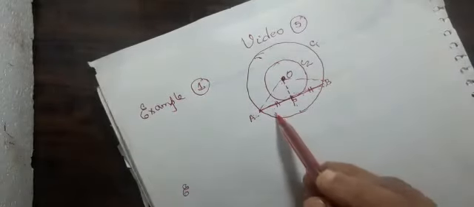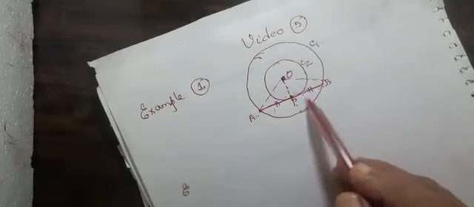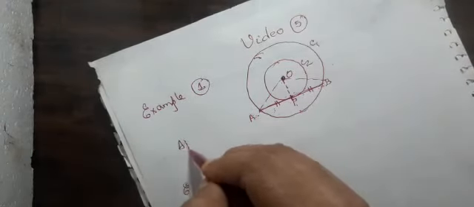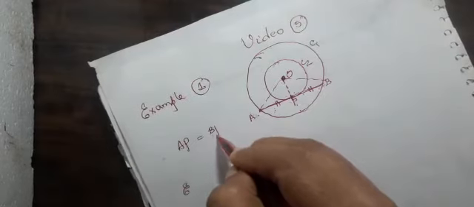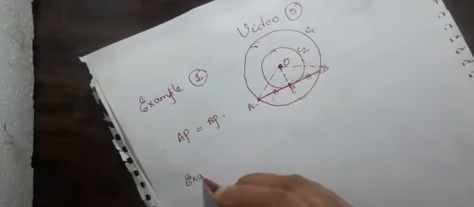Once you prove that it is congruent, you can take any other corresponding measurements as equal. AP is the side of triangle OAP, BP is the corresponding side of triangle OBP. Therefore, you have proved that AP is equal to BP. So you can do that in two ways. I hope you have understood.